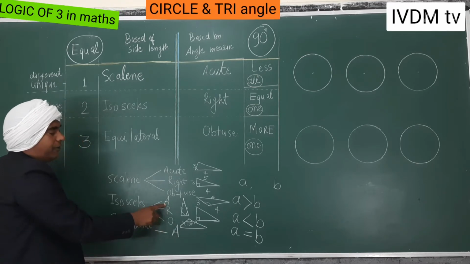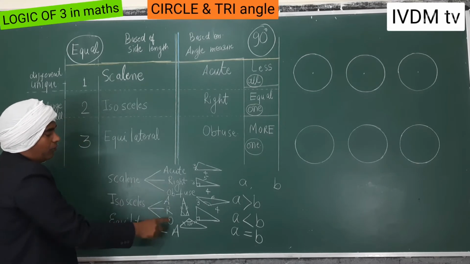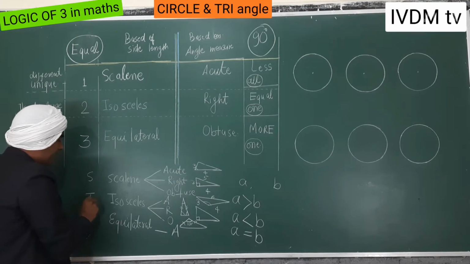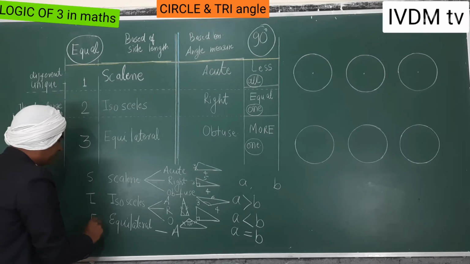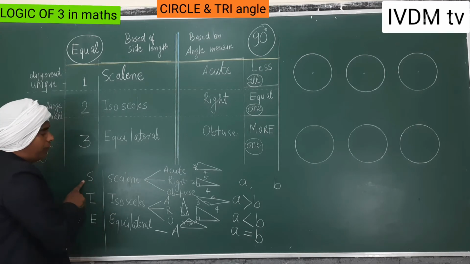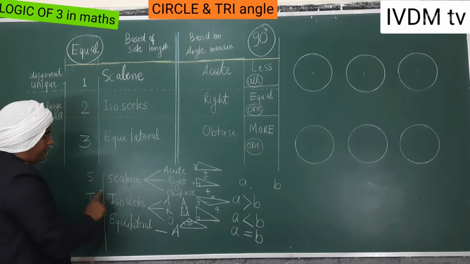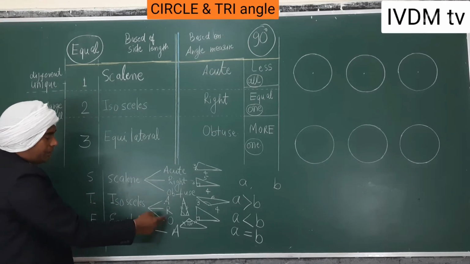I have written A for acute, R for right angle triangle, O for obtuse angle. Similarly, I can write here S, I and E. So short form I am telling about S, A, S, R, S, O. It may be I, A, I, R, like this.